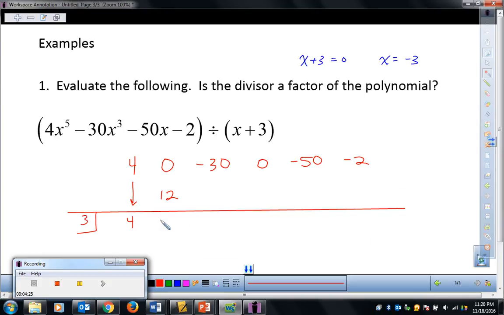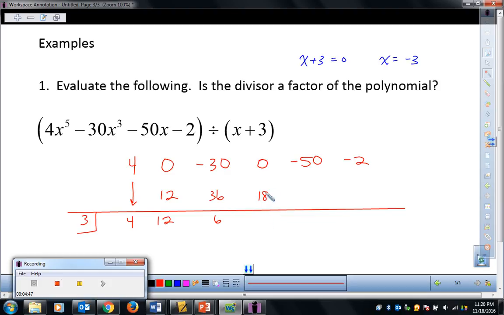So below the line, I'm going to multiply. 3 times 4 was 12. Above the line, I'm going to add. 0 plus 12 is 12. I'm going to multiply again. 3 times 12 is 36. Multiply below the line, add above the line. Negative 30 plus 36 is positive 6. Multiply below the line. 3 times 6 is 18.